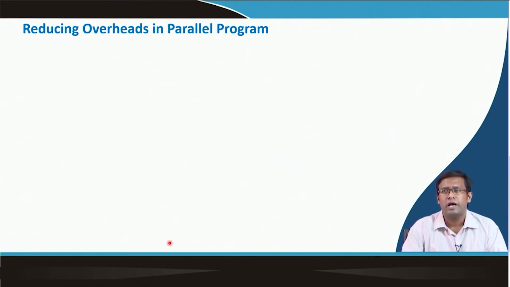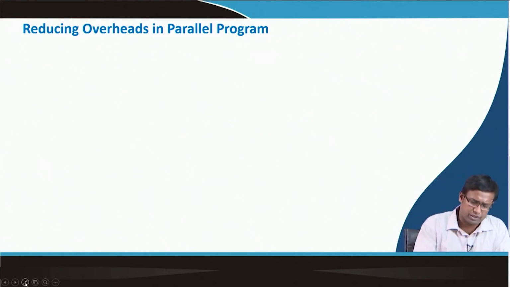The overheads are basically the add-ons over the main task or the main job or the sequential program, which are required to ensure that this sequential program is not running on a single computer, rather it has been parallelized and is running on multiple computers. We have a single processor job, and we are trying to divide it into multiple processor jobs which will run in parallel.